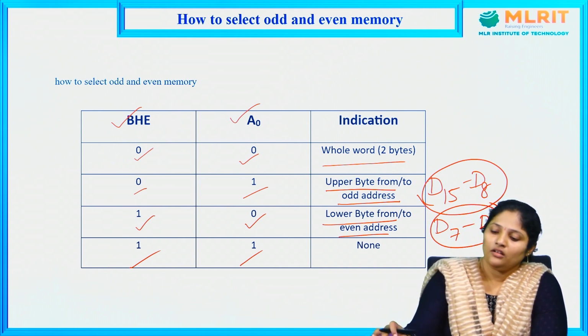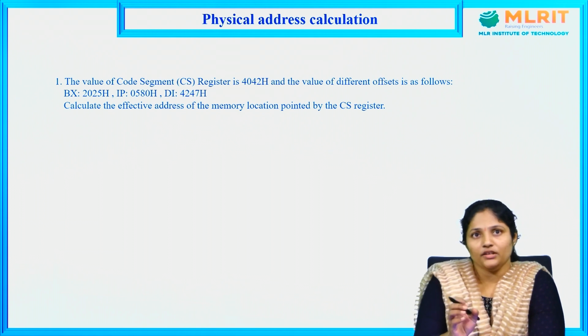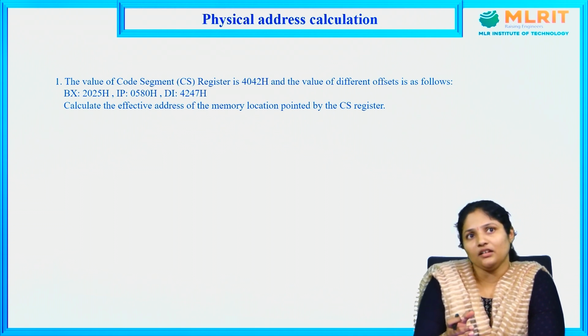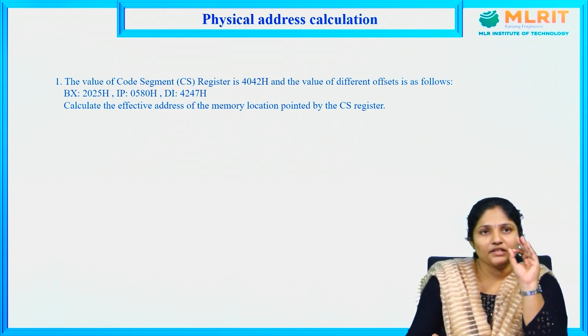Now, coming to the next topic: how to calculate the physical address or memory address. As I already told you, the BIU is used to fetch the data, and it processes this physical address calculation. To calculate a physical address, there must be two pieces of data.